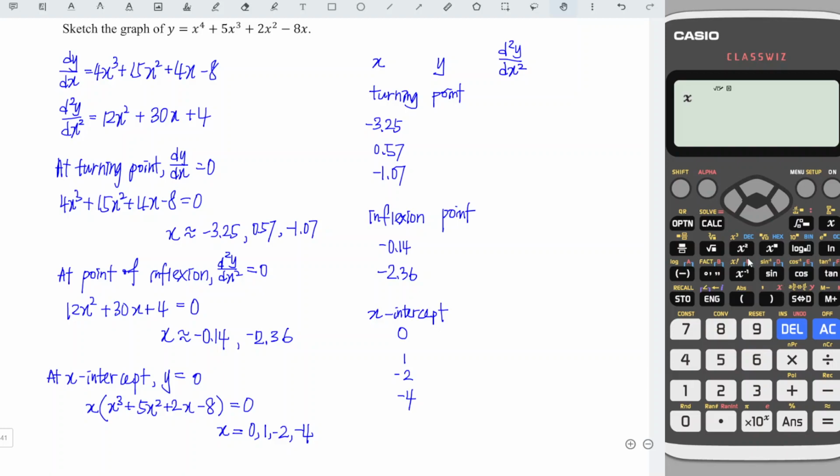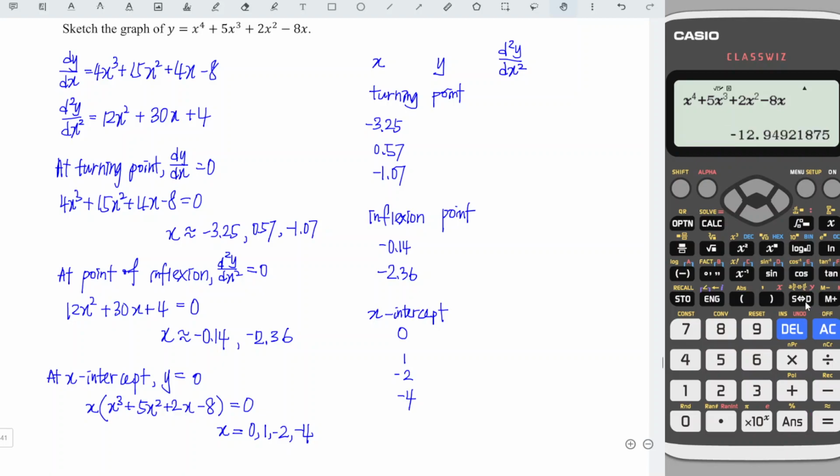So x to the power of 4 plus 5x to the power of 3 plus 2 alphabet x squared minus 8x. And we need to calculate what is the value? Negative 3.25. So we obtain.